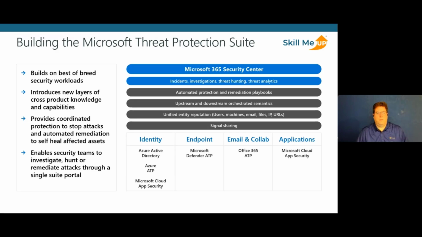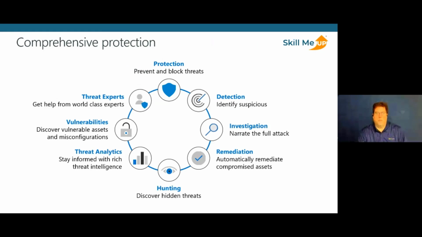And as we go through our comprehensive protection here, obviously we want to protect. We want to have our prevention to block threats and identify vulnerabilities, identify that suspicious activity through detection.